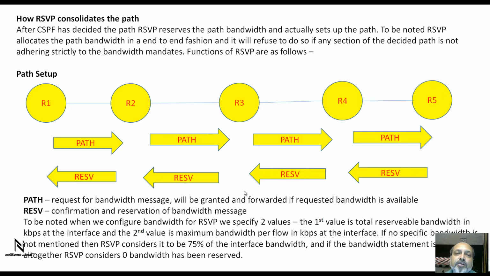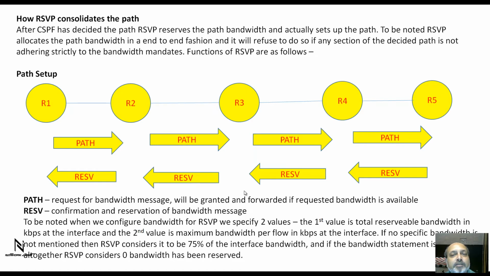It always needs the entire domain under its jurisdiction. And to be sure that this entire domain will come under my jurisdiction, RSVP will first test the available bandwidth, right?